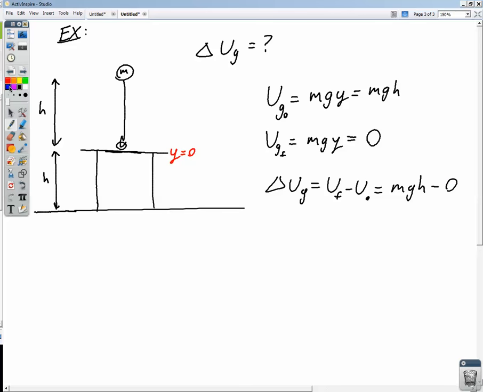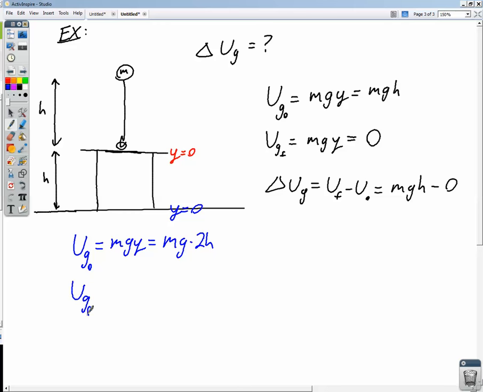Let's do it instead for choosing our reference level at the ground, y=0 here. Then at the ground, the initial gravitational potential is mgy. Again, y is the height above the reference level. This time, y is 2h. So it's mg times 2h. That's the initial gravitational potential.